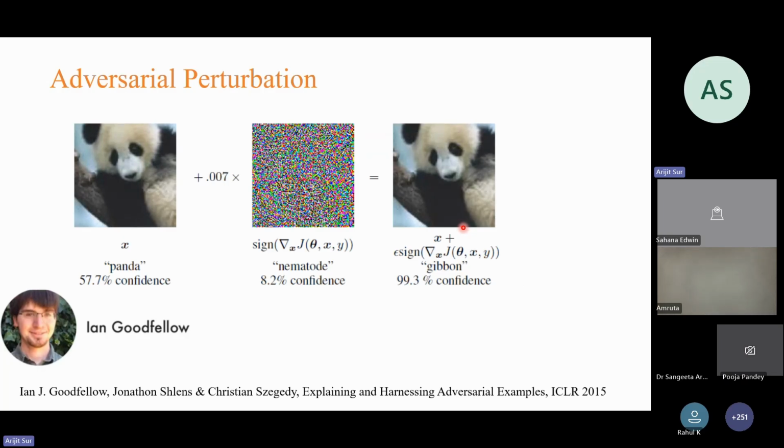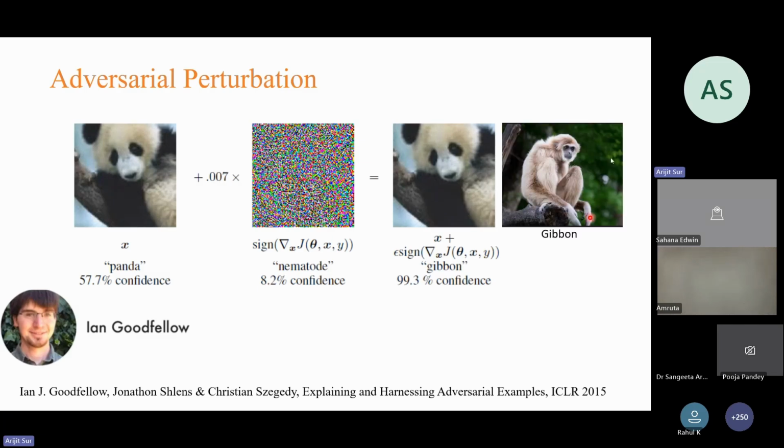This particular concept was first introduced by Goodfellow et al. in their seminal paper at ICLR 2015. So what is happening here? We are given an image, but by virtue of the addition of this noise, the model says no, it is not a panda, it's a gibbon.